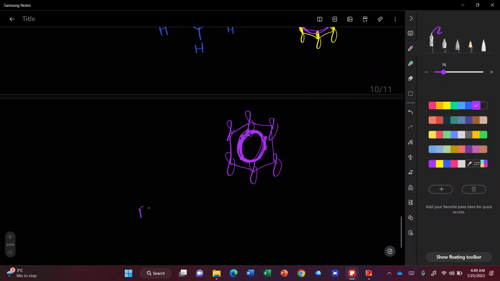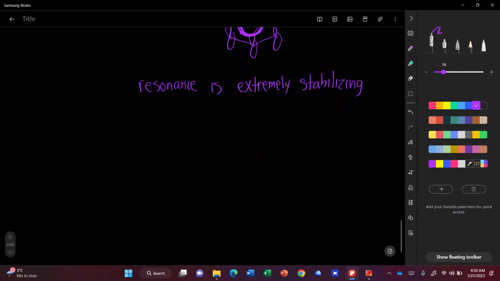Because resonance is extremely stabilizing, okay? So resonance is extremely stabilizing. And so because of that, if something can rehybridize to make resonance possible, it will, right?